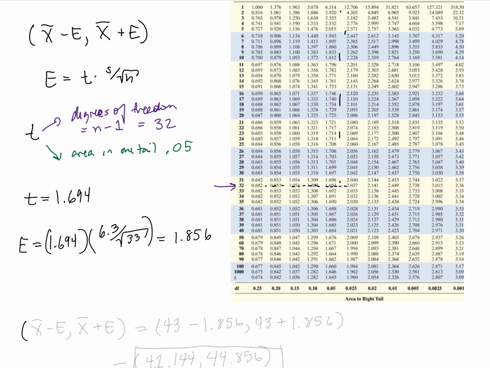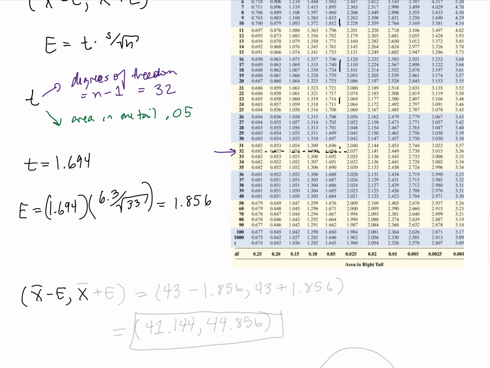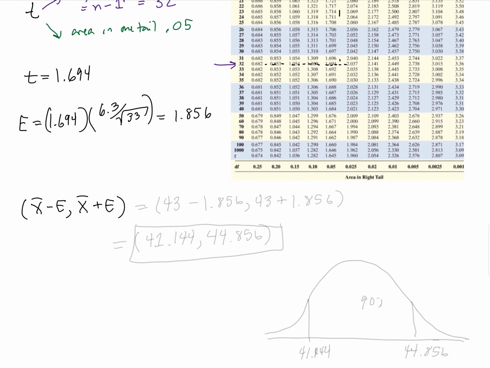Finally, we can construct the actual confidence interval, the sample mean minus the margin of error to the sample mean plus the margin of error. So we said that our sample mean was 43 pounds, minus the margin of error 1.856, to 43 pounds plus the margin of error 1.856.